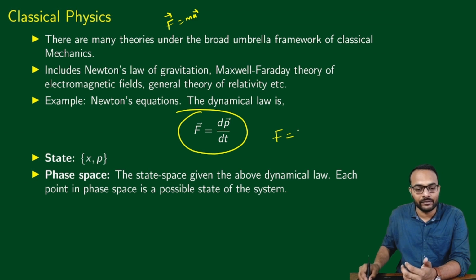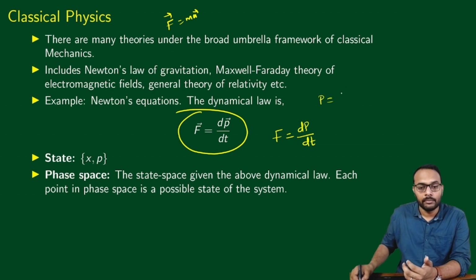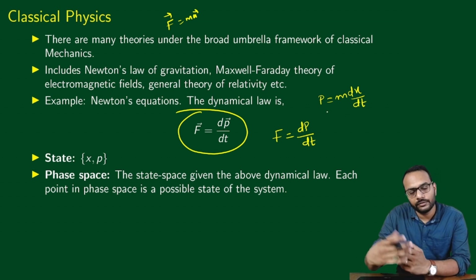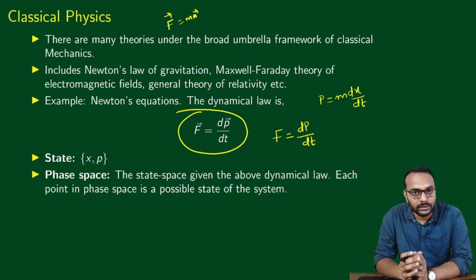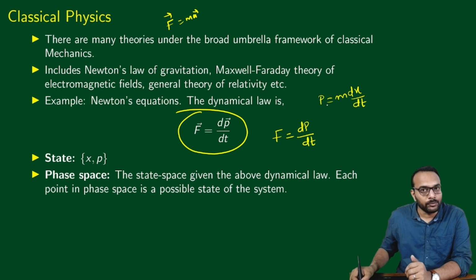So you can write F equal to dp by dt. And what is p? p is equal to m dx by dt, or p is equal to mv. If you are talking about Newton's second law, then p is equal to mv, F equal to dp by dt.